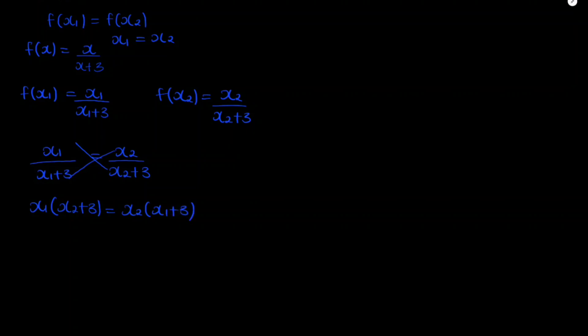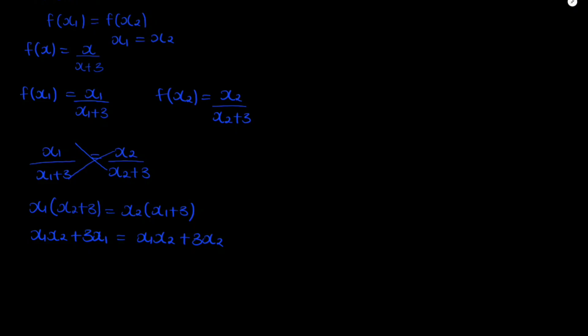At this point, we are going to open our bracket and simplify it. So from here, we are going to have x1 x2 plus 3x1 equal to x1 x2 plus 3x2.